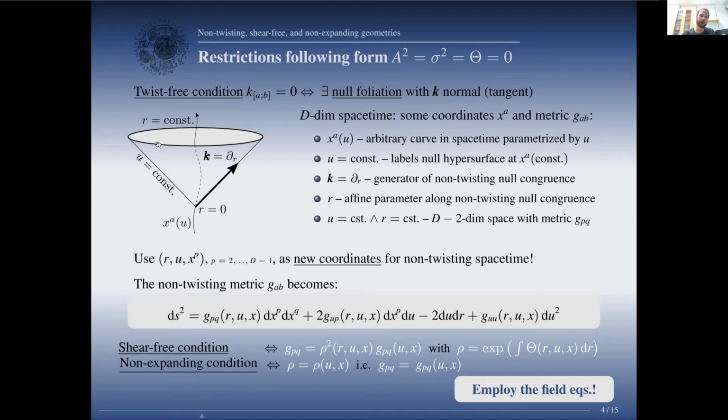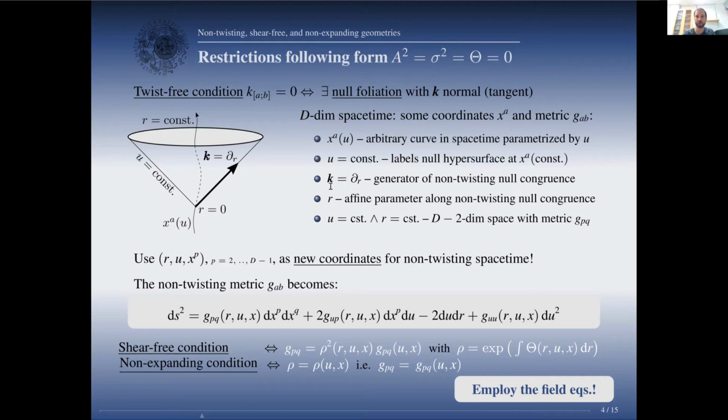And you can also start with, say, an intuitive construction of these coordinates, starting with some trajectory in your spacetime with arbitrary coordinates. And this trajectory is parameterized by some parameter u. And in every instant along this trajectory, you can construct a null hypersurface, which will be labeled by u equal to constant. And then you take some null vector field along this null hypersurface.